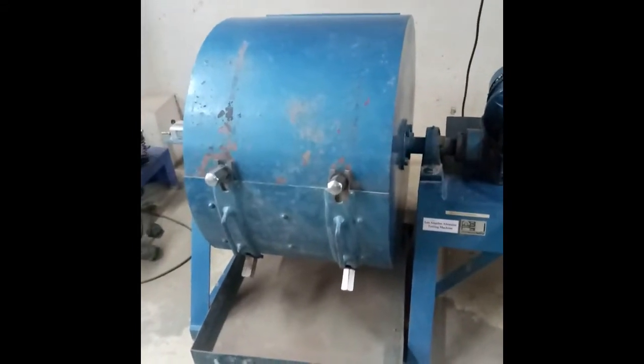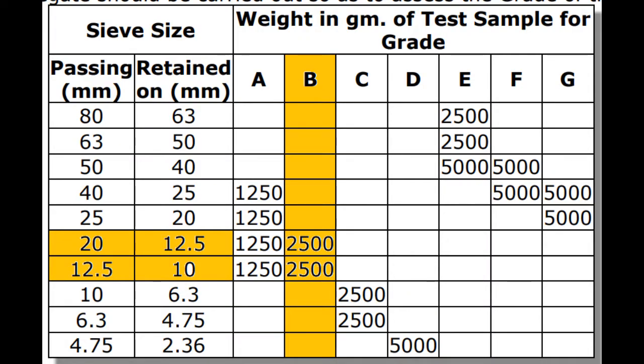So we'll be performing grade B. So what is grade B? It considers aggregate of size less than 20 mm and more than 12.5 mm. This is one part, and the second part is aggregate of size less than 12.5 mm and greater than 10 mm.